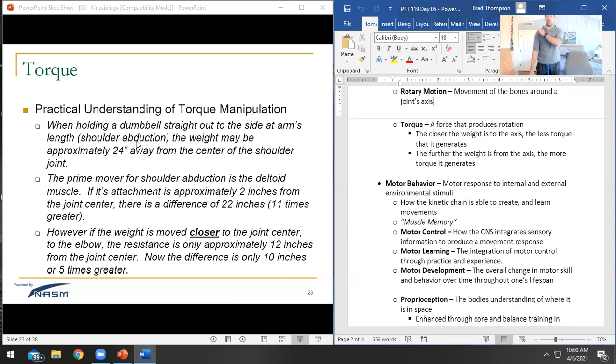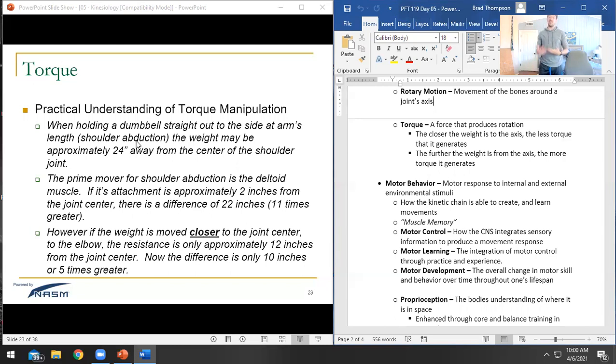The prime mover for the shoulder abduction is the deltoid. So that's my deltoid muscle, right, wrapping around the side here. And its attachment is about 2 inches from the joint center. So it actually attaches down the arm, getting closer to the dumbbell, but only about 2 inches closer. So there's a difference of about 22 inches. Okay. 24 inches all the way, minus 2, 22 inches.